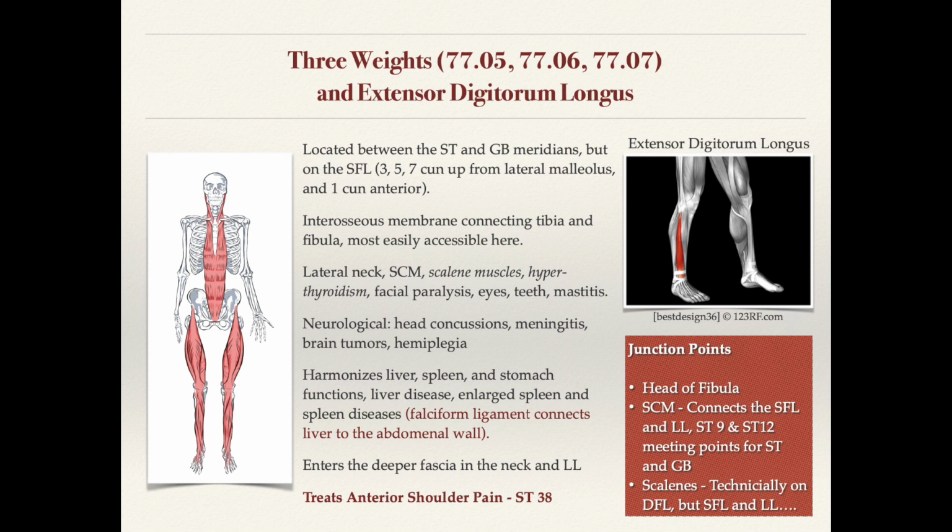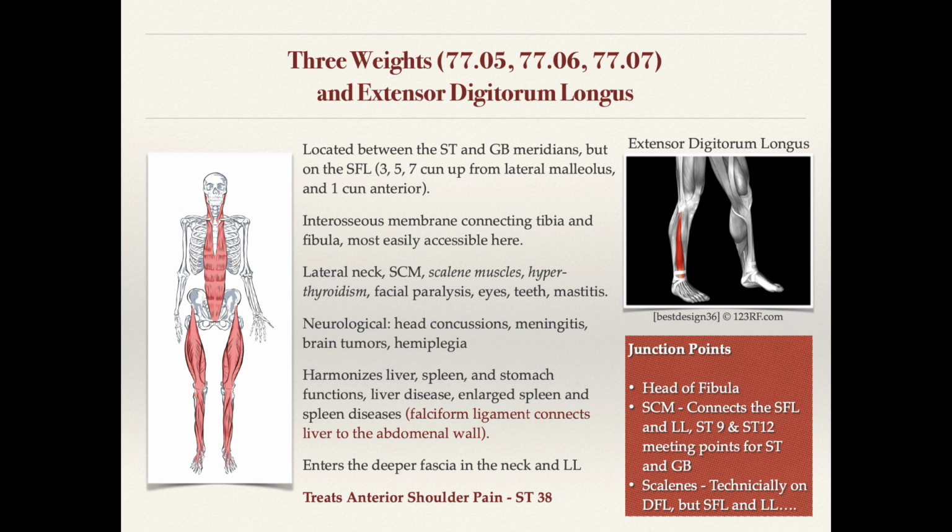So stomach 9 is located in the neck, and then stomach 12 is located in the middle of the clavicle on the superior side of it. So stomach 9 and stomach 12 are meeting points for the stomach and gallbladder meridian, and we can understand how this relates to these fascial lines and how, imagining the neck to the ankles, it corresponds with these points as well.